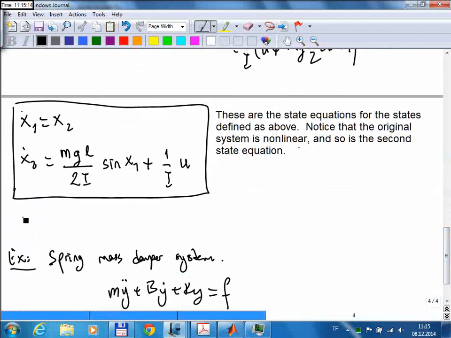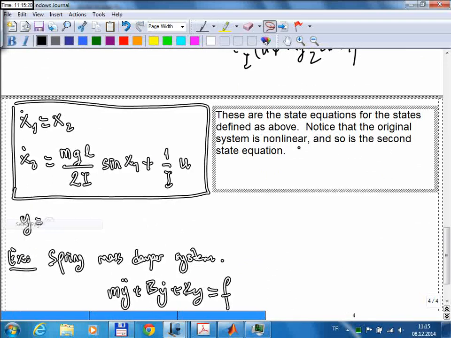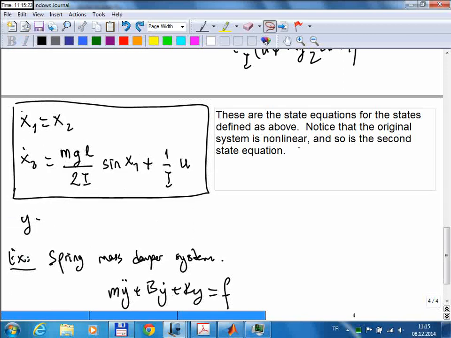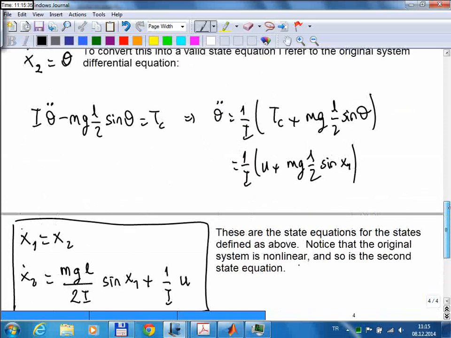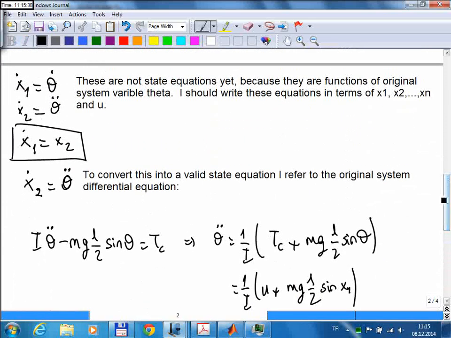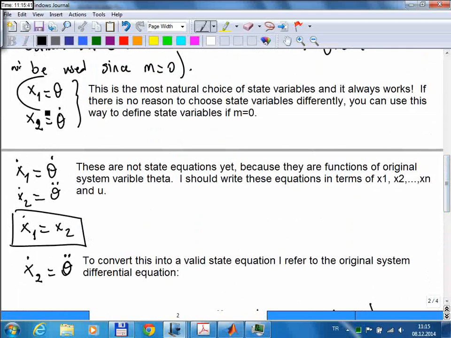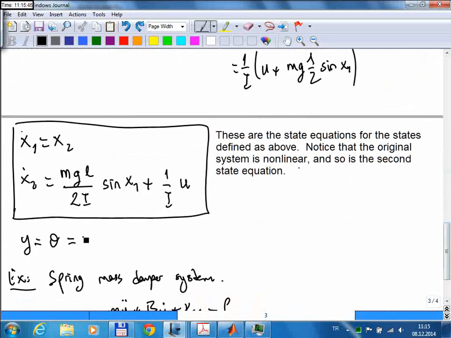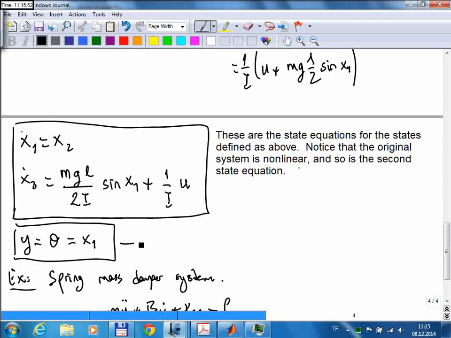So there should be an equation like y, which is equal to the theta angle, and we should write this in terms of the state variables, and in fact it is equal to the first state variable. As we defined here, the output is equal to the first state variable, so y is equal to x1. And this is the output equation.